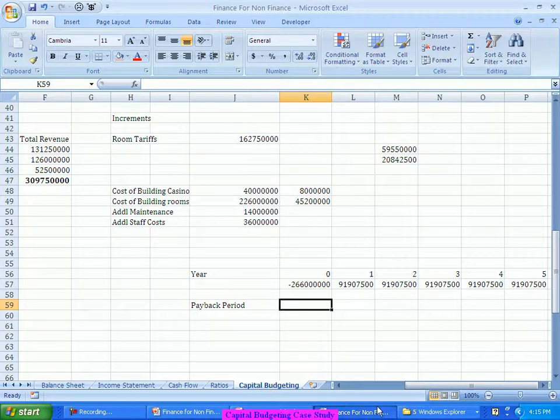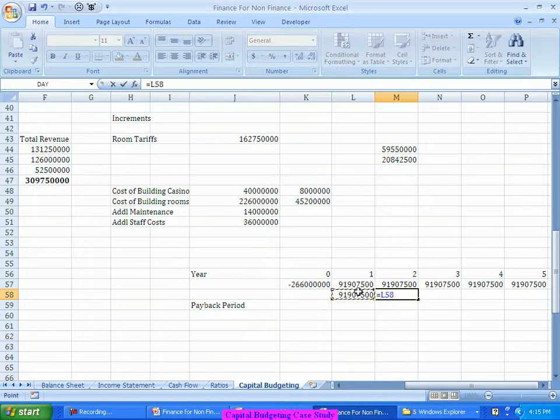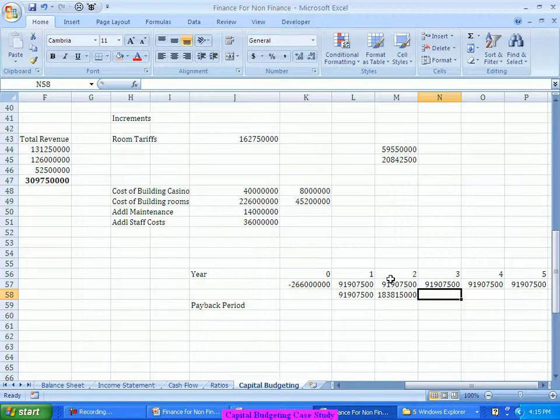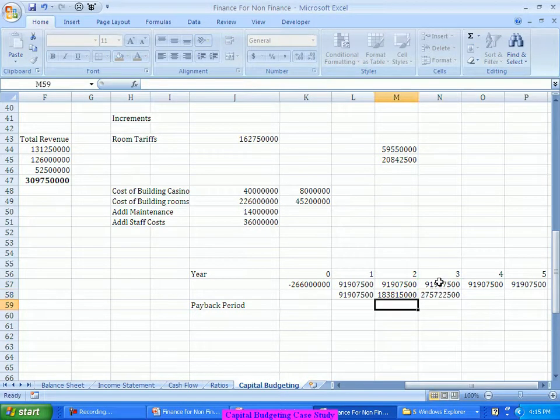If I'm looking at cumulative, in the first year I am getting some 9 lakh. By the second year, I'm getting my 18 lakhs back. And somewhere close to the end of the third year, almost 3 full years, I'm getting my money back.